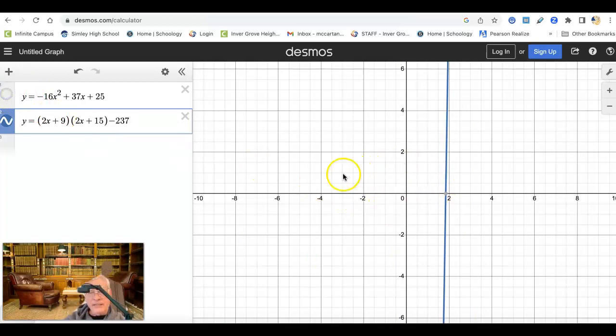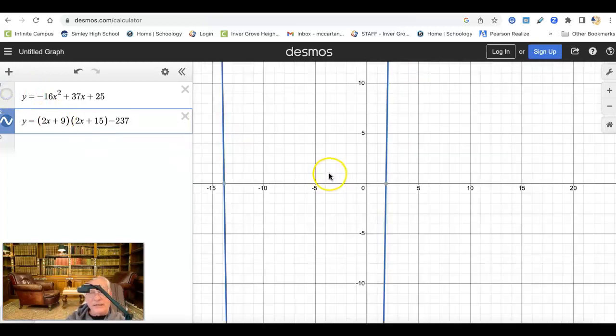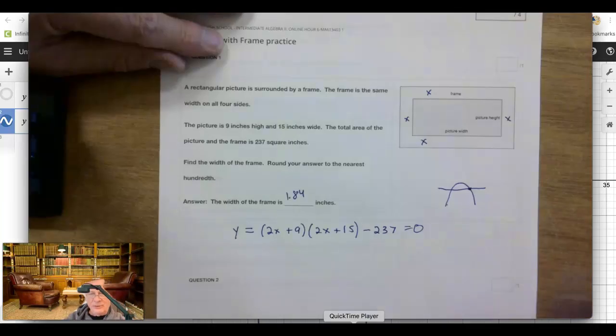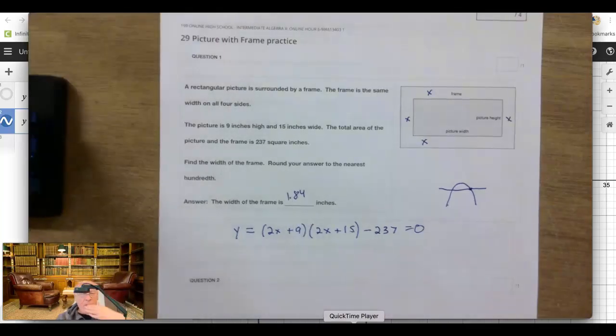All right, guys, you've got a big, long quadratic here that has a negative side, but that's the negative side, no. It's only the positive side. It's 1.84. That's the width of the frame. That's how many inches, okay? So I put 1.84 right there.